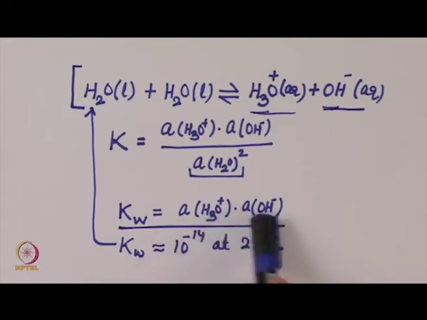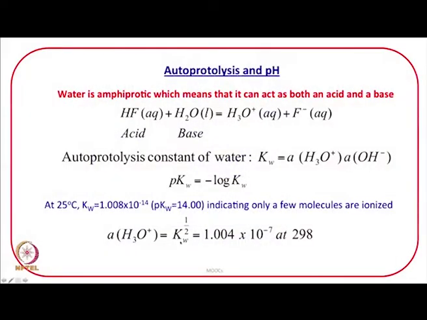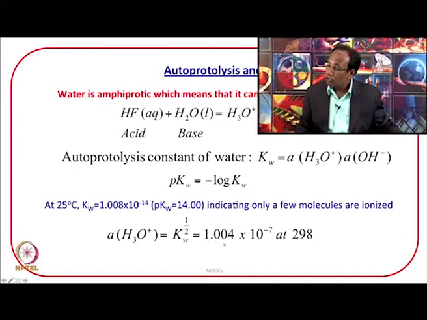Let us look at the slide: the activity of hydronium ion will be just the square root of Kw, which will come out to be 1.004 into 10 raised to the power minus 7 at 298 Kelvin.